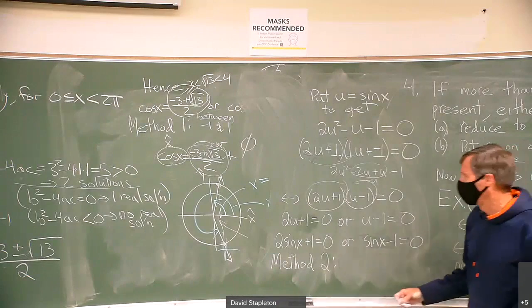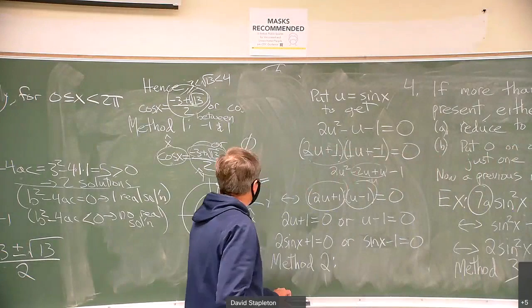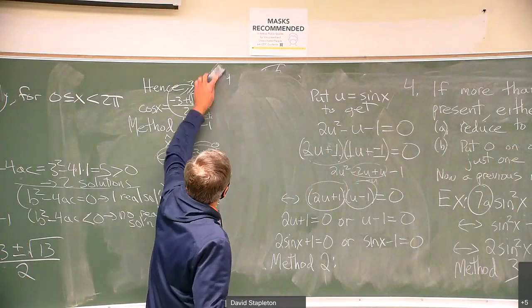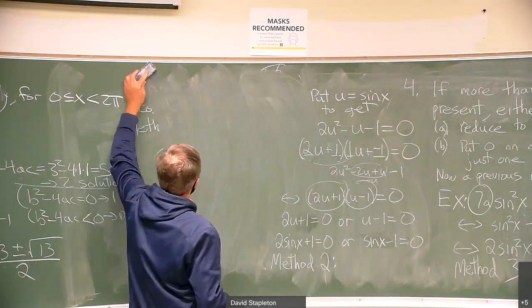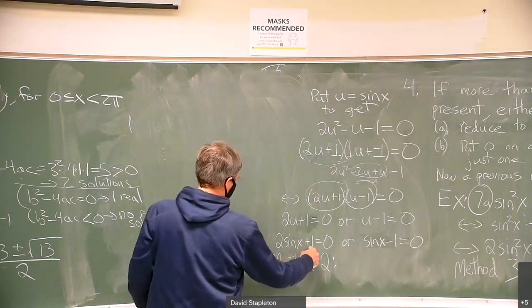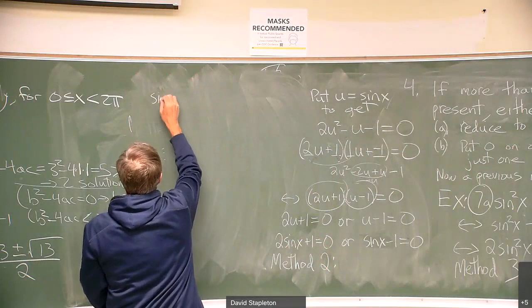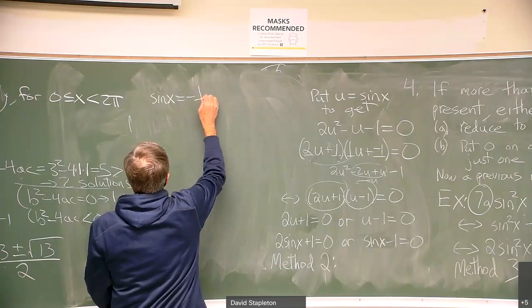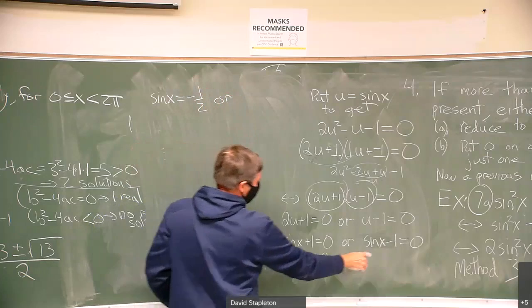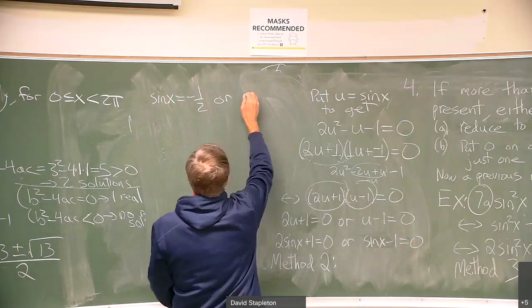Method 2 now says, you just write each of these. 2 sine x plus 1 equals 0. You subtract 1 and divide by 2 and get sine x equals minus a half. Or here you just add 1 to each side and get sine x equals 1.